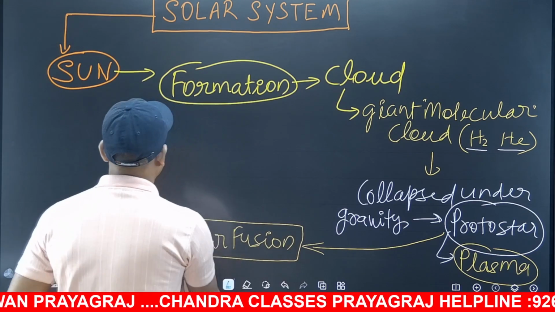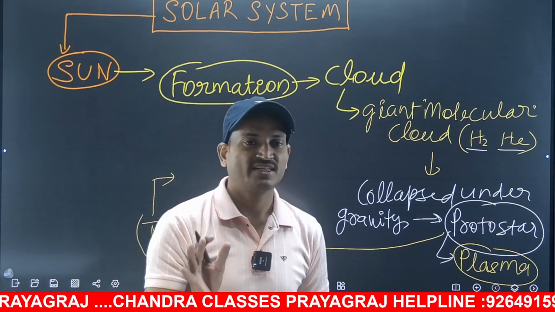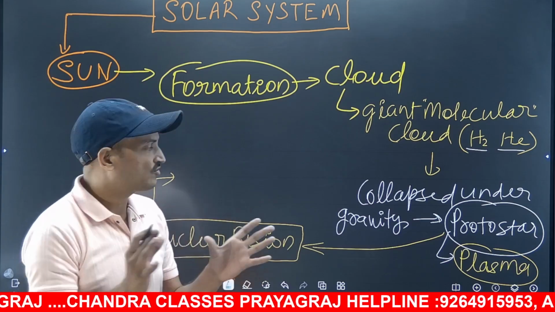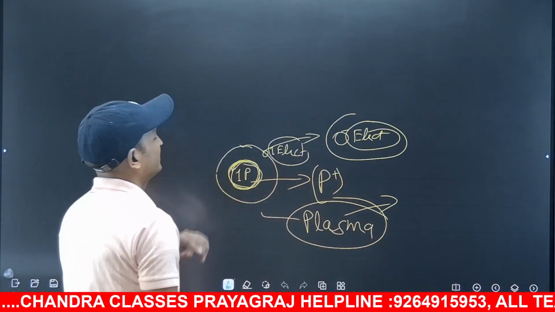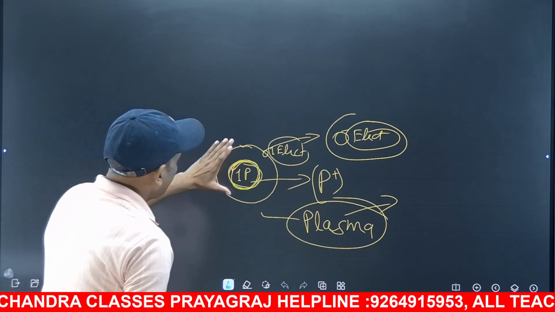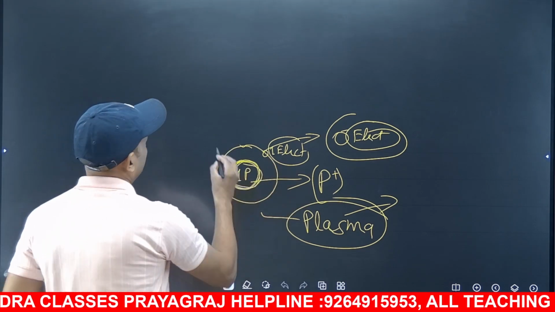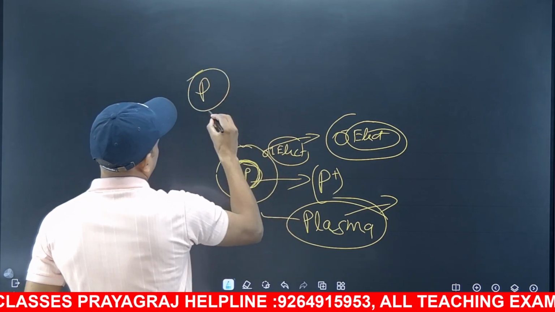At that temperature, the nuclear fusion starts, meaning the nuclei of hydrogen or the protons of hydrogen, as we have seen, since now the matter is in the plasma state. So the hydrogen is not in the atomic form. Hydrogen protons are separate, or we can say nuclei.